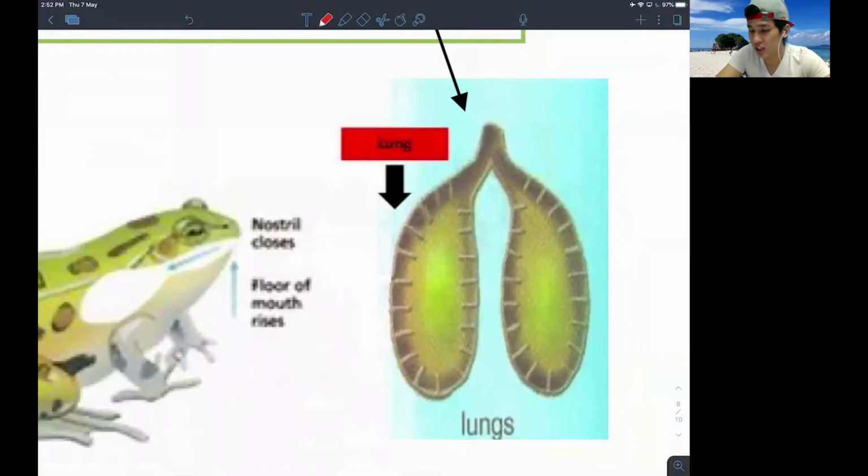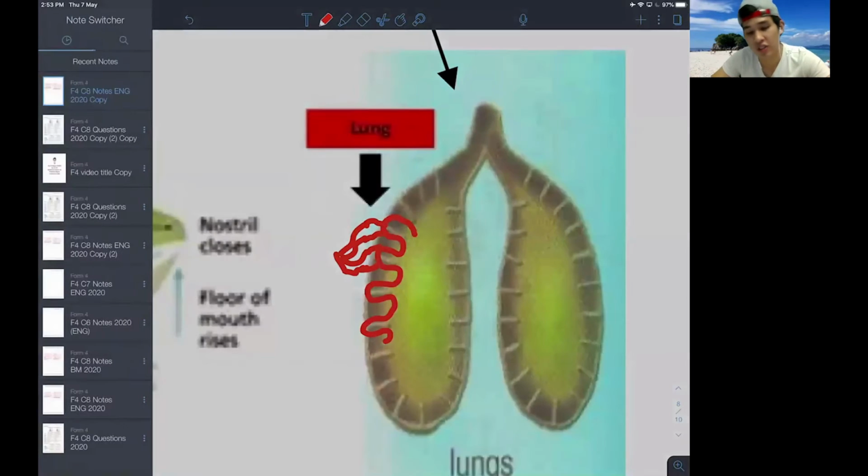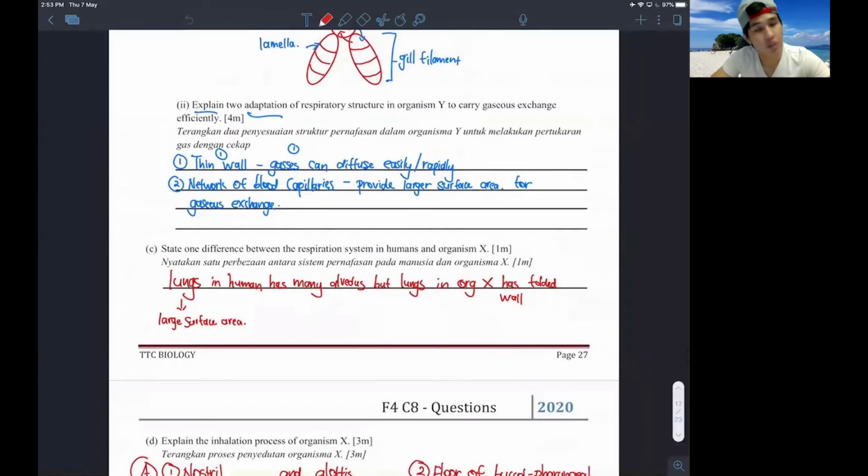The gases exchange is actually whereby the blood vessels is like poked into the frog lungs like this. So their wall, as you can see here, is like folded like this one. If I fold it like this, I will provide larger surface because the wall actually is larger and longer. So I provide larger surface area for gases exchange.